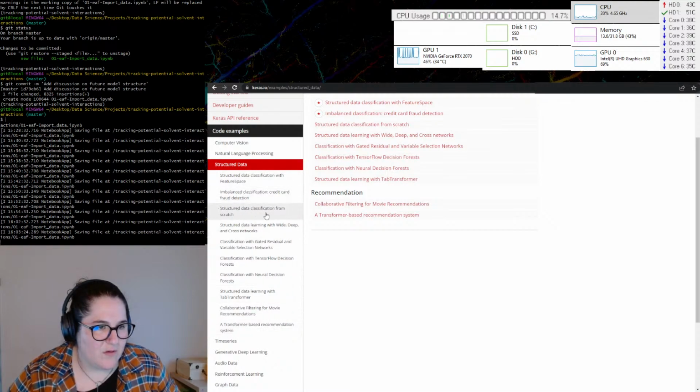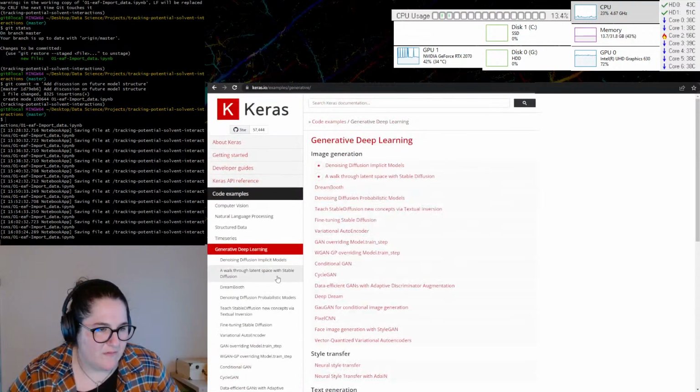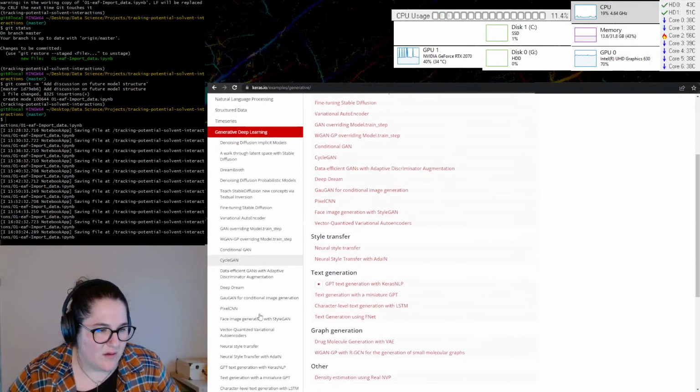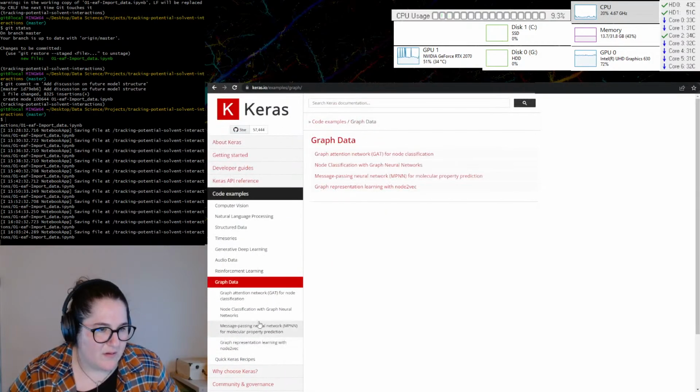Classification, classification, classification. Classification, classification. TabTransformer. Is it generator? No. Graph data. Graph neural networks. No. Molecular property prediction. That's pretty cool.